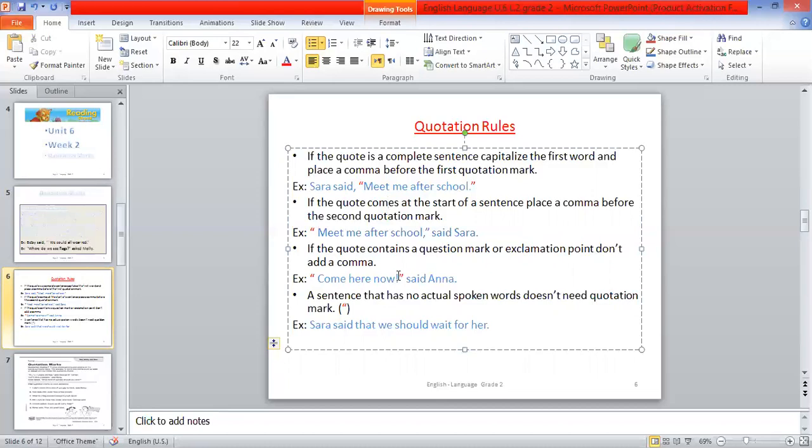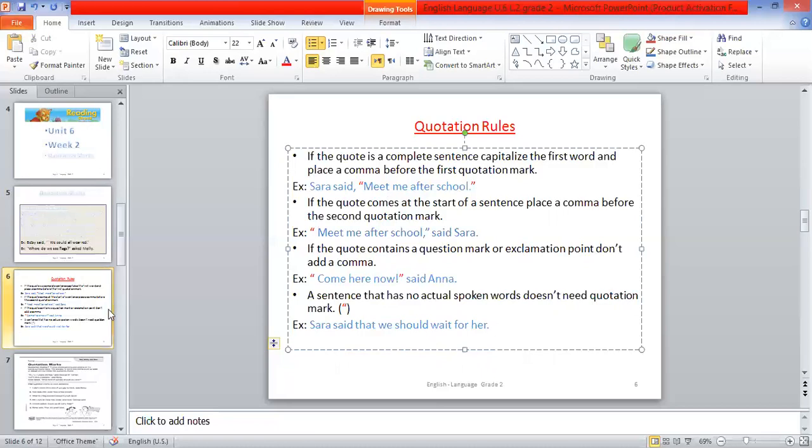I put an exclamation mark here, so I will not put a comma before the quotation marks. Said Anna. The fourth one, a sentence that has no actual spoken words doesn't need quotation marks. For example, Sarah said that we should wait for her. We didn't put any commas or any quotation marks.